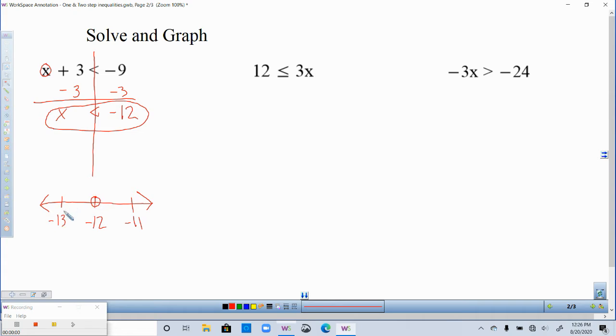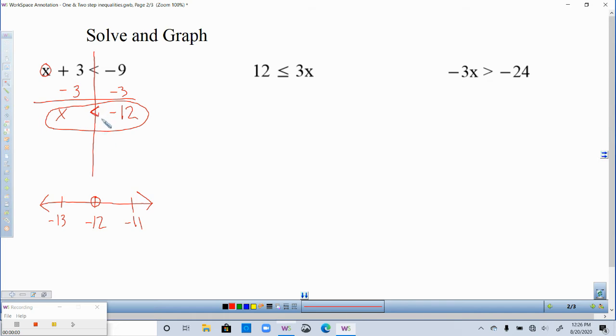Now, the answer should be -13, which would be smaller than -12, but this is why we want x on the left. If you have your variable on the left, then this inequality symbol becomes an arrow pointing to the left, okay? Probably the biggest thing I see that confuses kids is they always think of this as an alligator.